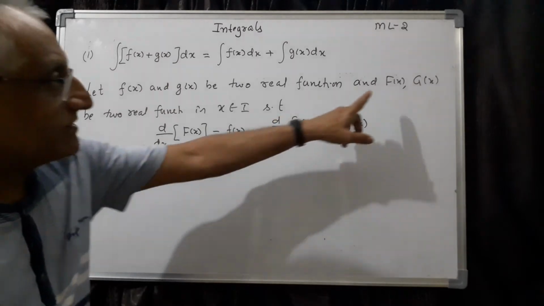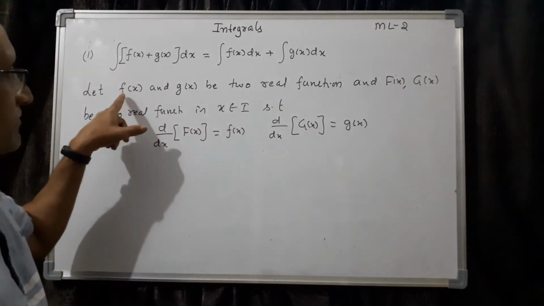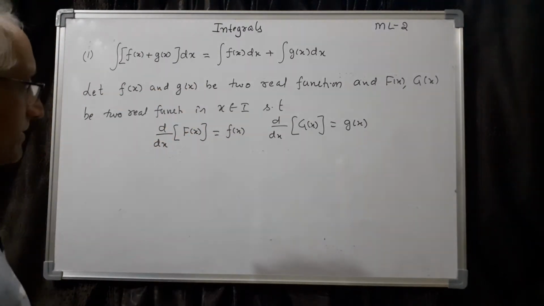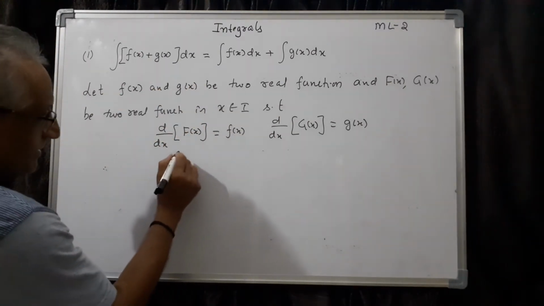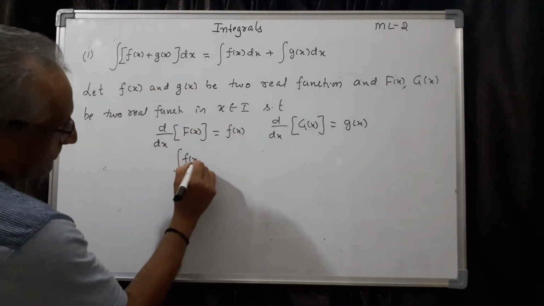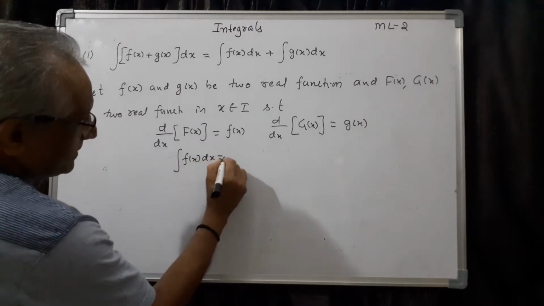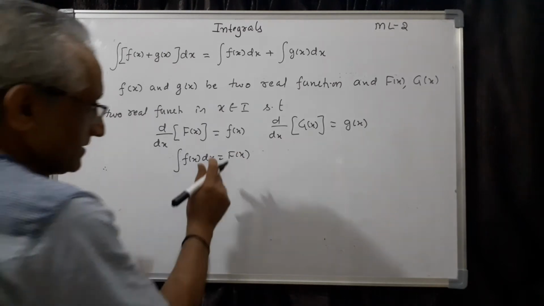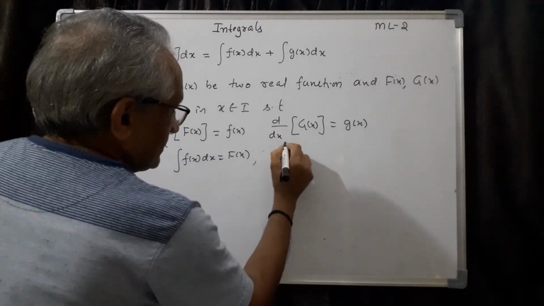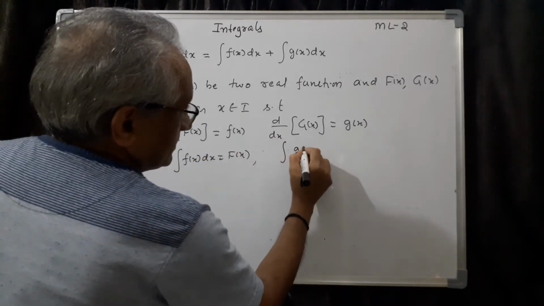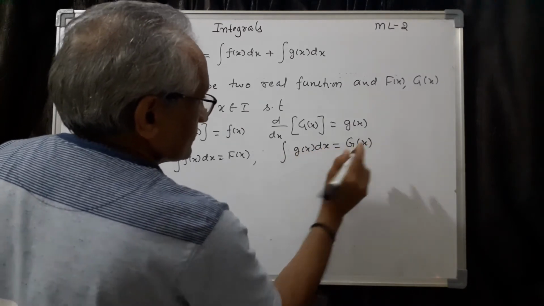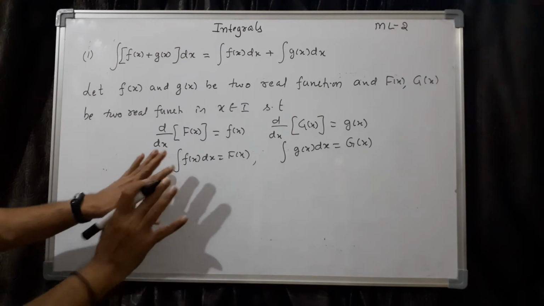That means the differentiation of F(x) is f(x), and the differentiation of G(x) is g(x). Therefore, the integration of f(x) dx will be F(x) by definition, because they are reverse processes, and the integration of g(x) dx will be capital G(x). So this is the first assumption.